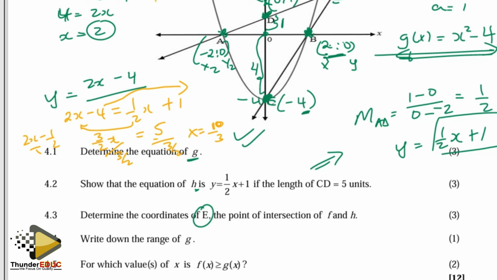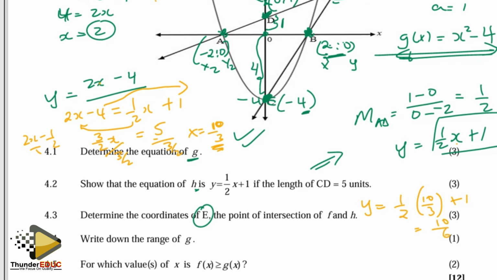Then for me to get the y coordinate, I'll get this and either substitute it into this or into this equation for me to get my y value. Let's see if I did the correct thing, guys. 2x minus a half, I get 3 over 2 x. Perfect. Okay, so which means my y is going to be a half multiplied by 10 over 3 plus 1.